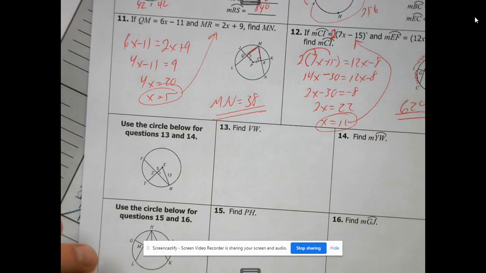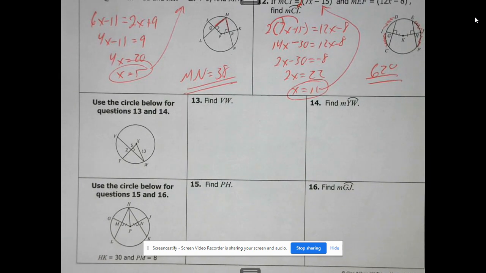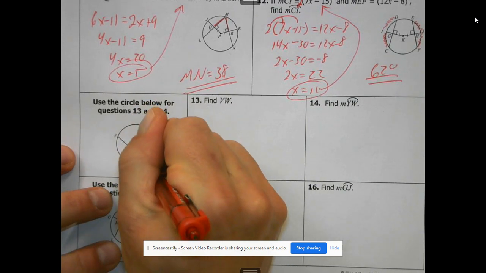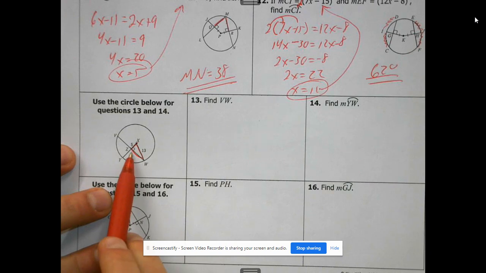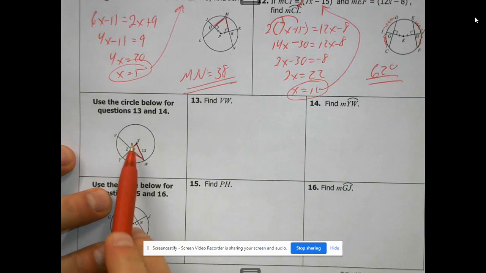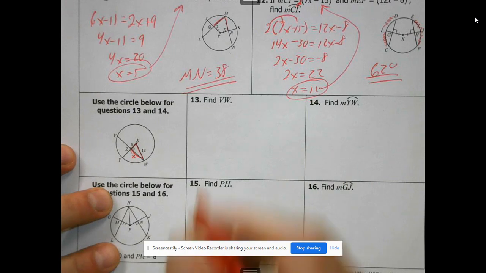All right, some tricky ones down here. 13 says, I want you to find VW. Well, check this out. You have a right triangle right there, right? Well, I can find this piece right here. Then I can double it to get the whole thing. It's Pythagorean theorem: a squared plus b squared. We'll call this x right here, plus x squared equals 13 squared.